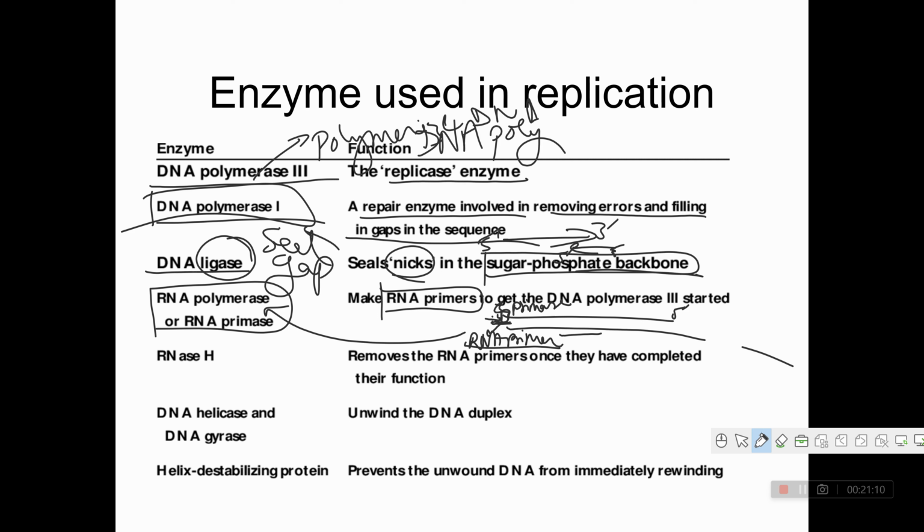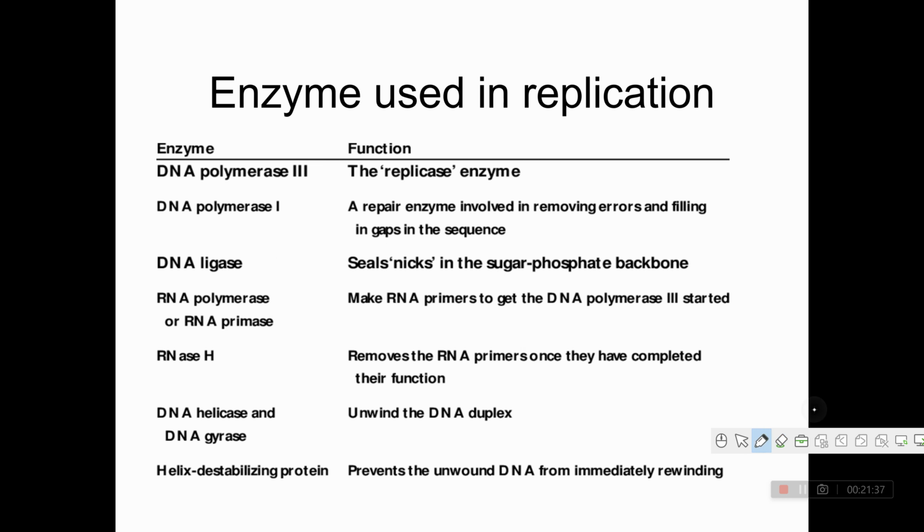After that, DNA polymerase comes and binds with this, and the replication will be initiated. RNA polymerase and RNA primase are the same. They make the RNA primer to get DNA polymerase 3 started. Clear?